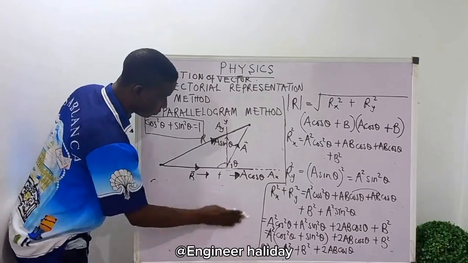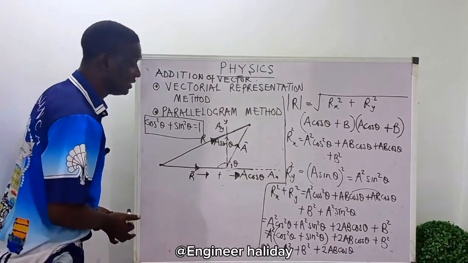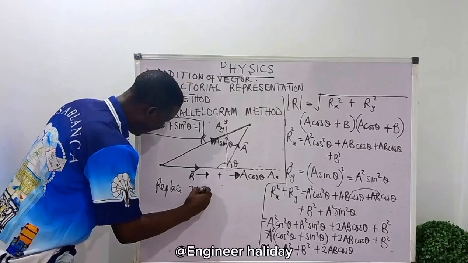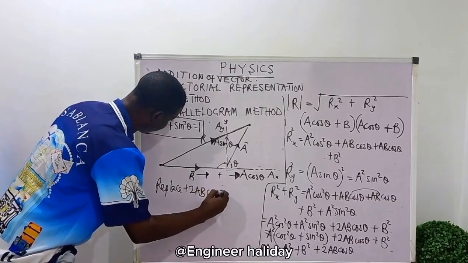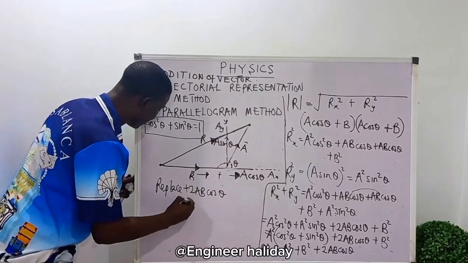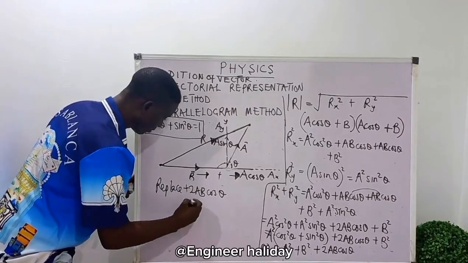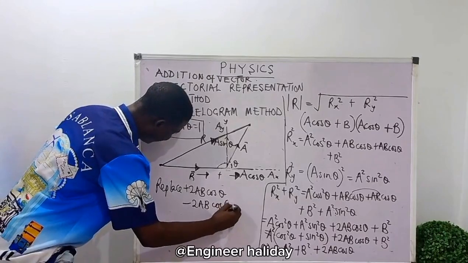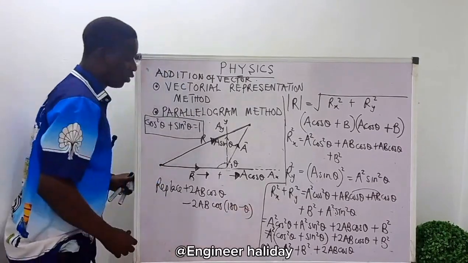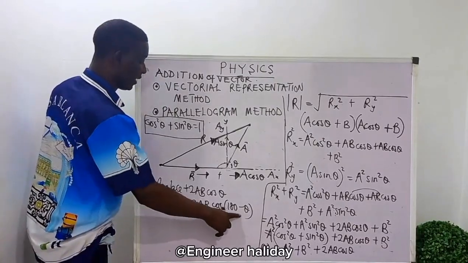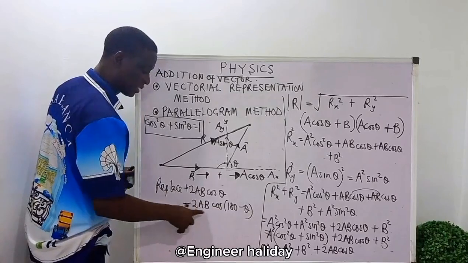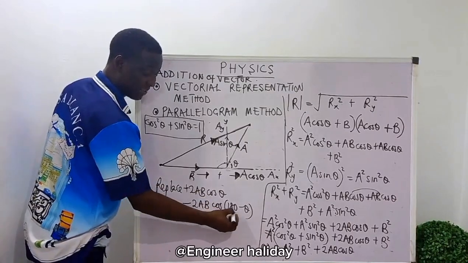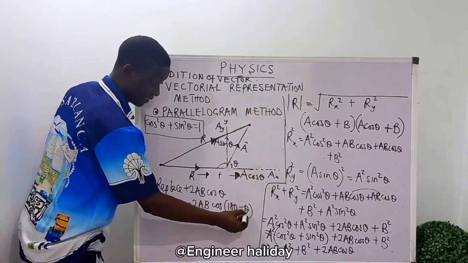So if you know this one now, no need to bother ourselves again. Let's clean it up. Now what we are going to do is to replace 2ab cos theta with the same thing as minus 2ab cos 180 minus theta. Don't forget that this one now will come out with minus; minus times minus will give us plus. So I'm not altering anything, because this one is the same thing as minus cos theta.